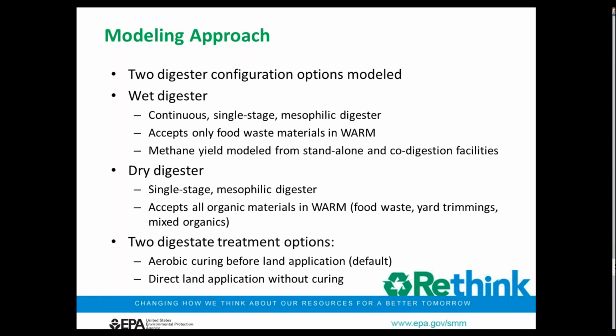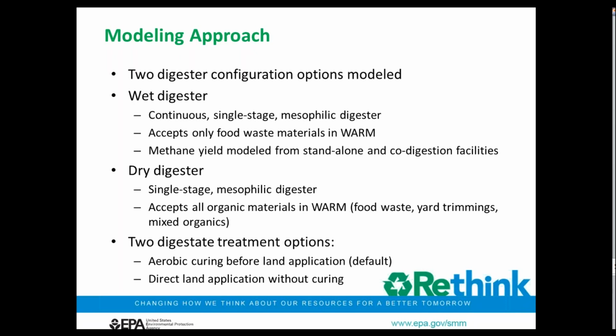So in that sense, we strive to make a model that's representative of both standalone and co-digestion facilities. In the future, we might try to further model those differences and any other potential benefits that might not be captured for certain co-digestion facilities, which we'll be talking about a bit further on in the presentation.